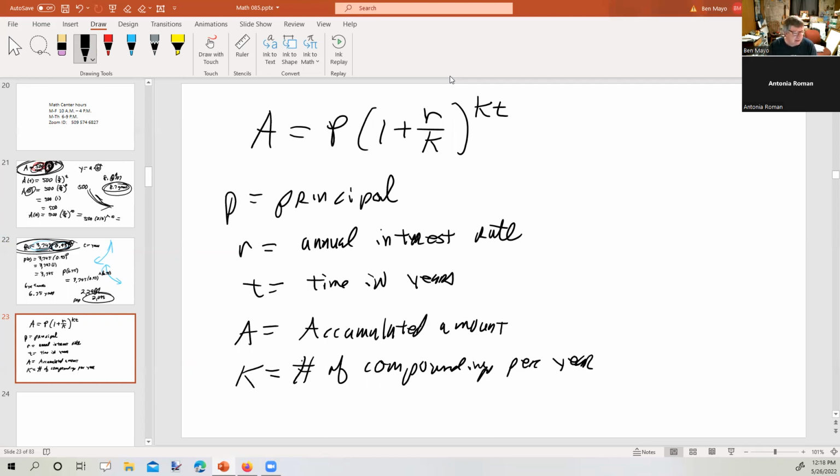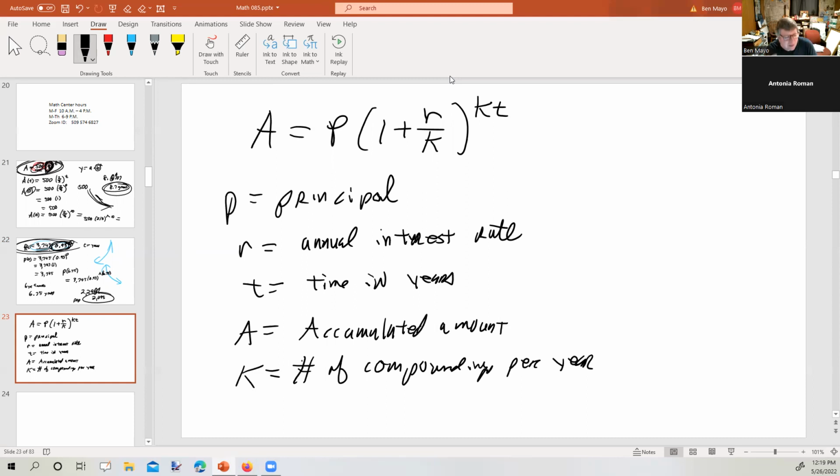Now, let's say that they compound the interest twice a year. So $100 at 3% annually. 6 months into that, you would get $1.50 because you'd get half of that $3. But now there's $100 plus the $1.50 in the account. So that second half of the year, you're not only going to get interest on that first $100, but you're going to get interest on that $1.50 interest you made the first 6 months. You following that? It's kind of tricky.